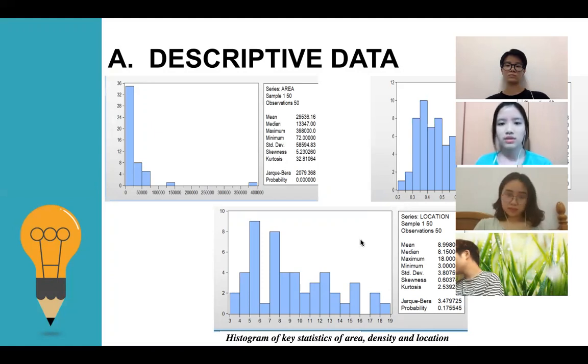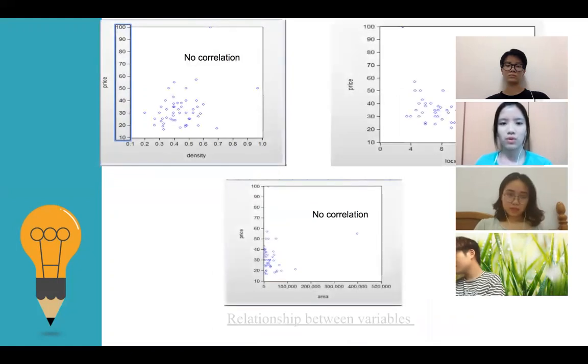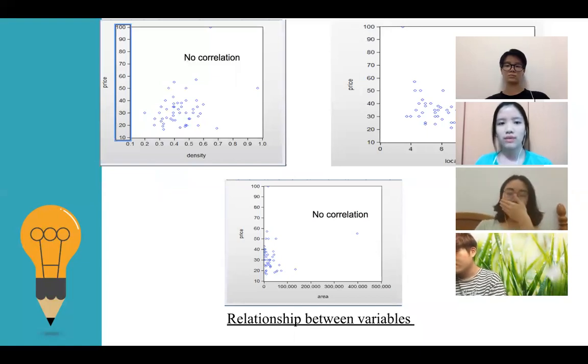And the next graph is about the relationship between variables. In this graph, we can see the relationship between density and price, and between area and price, is no correlation.